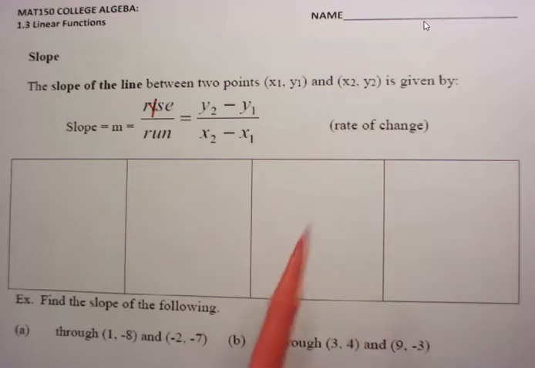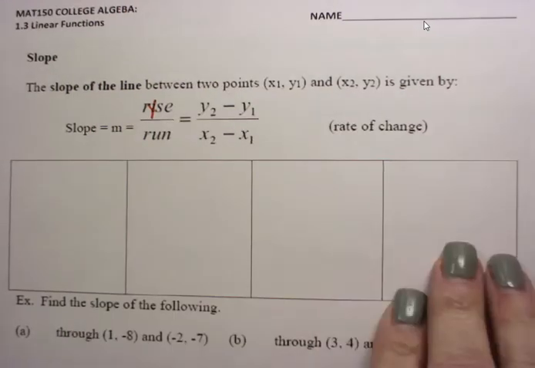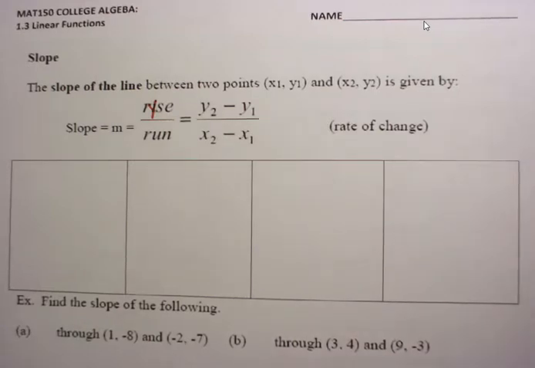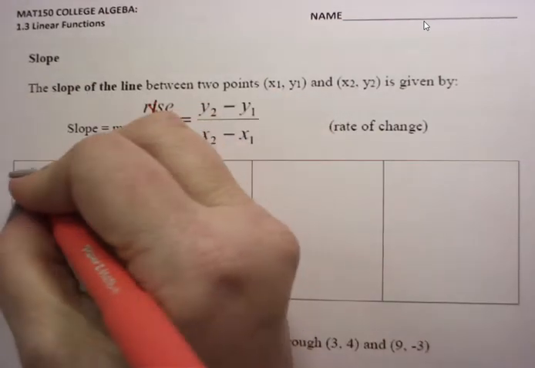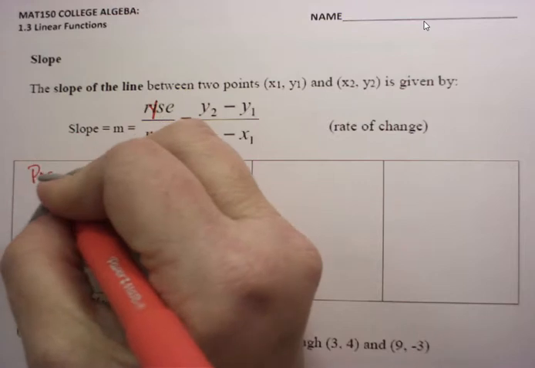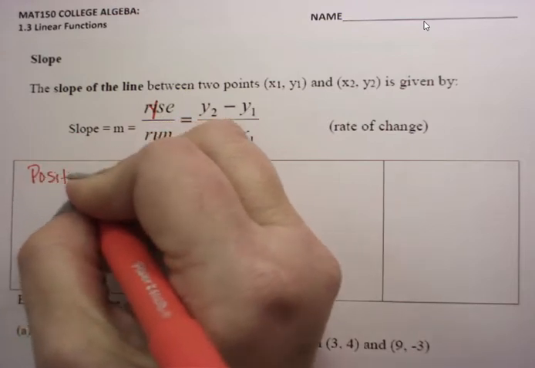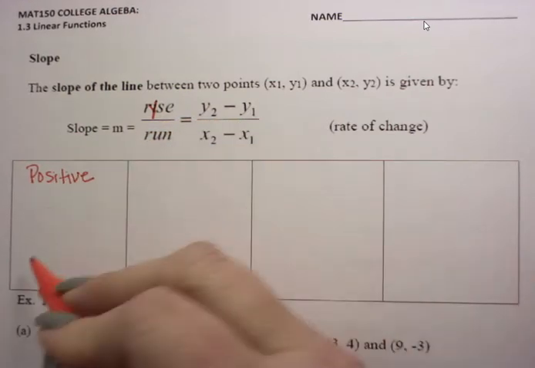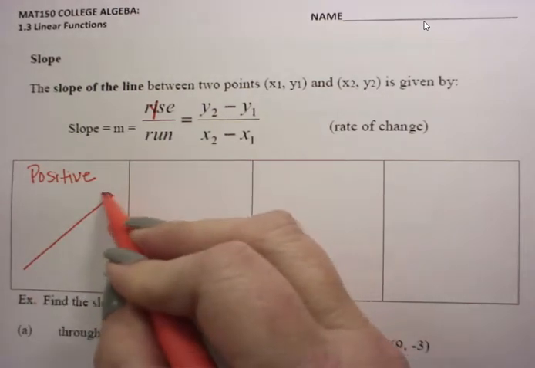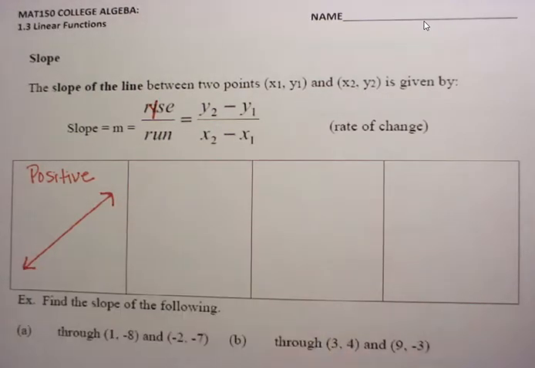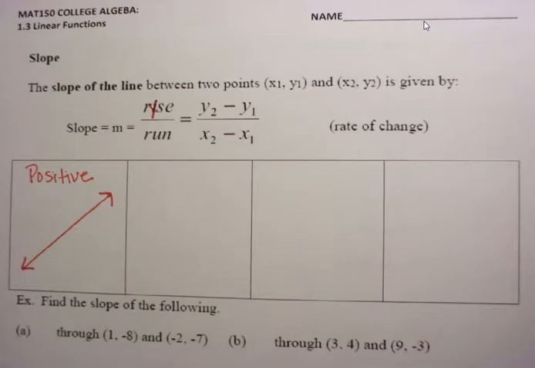Alright, now when you are looking at lines, there are 4 types of lines, which is why I have these 4 boxes here. You can have a positive line. A positive line is an increasing line, so if you are looking at it from left to right, it will be increasing, and when you look at the equation of the line, the slope will be positive.